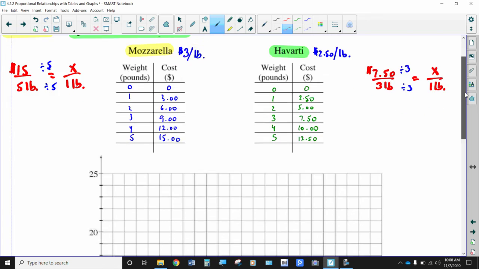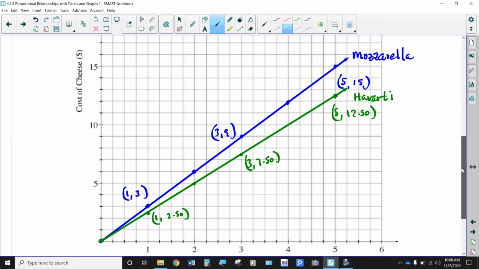Which one cost more? Just looking at the graph, you can tell the mozzarella cheese was more expensive than the Havarti cheese because the graph is steeper. And if you look at the unit rates, you say, oh yeah, it's $3 per pound, whereas this one was $2.50 per pound.